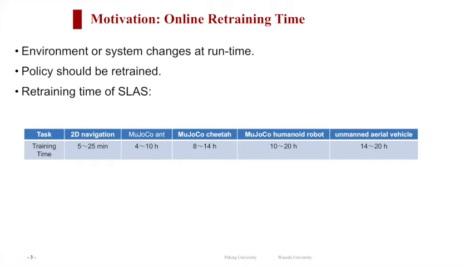Then we still need about 4 to 10 hours to train a new movement policy. For many real-world applications, it is required that SLAS should quickly respond to the dynamics of the environment or system and evolve a new adaptation policy in a very short time. The traditional SLAS cannot cope well with such applications.